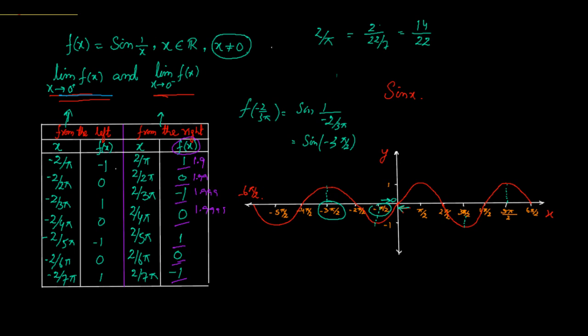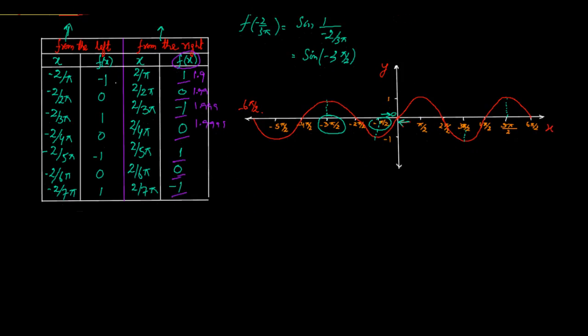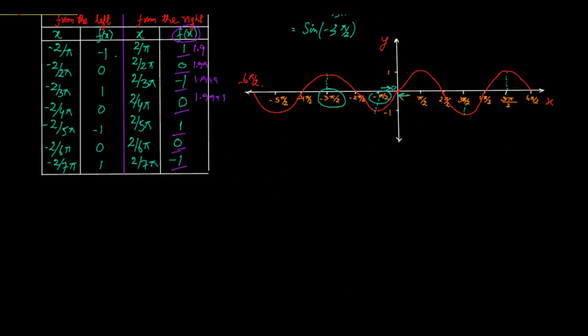If we look at the graph of this function, let me go a bit down. Let me draw a coordinate system here. If we look at the graph of this function, its graph will be something like this.